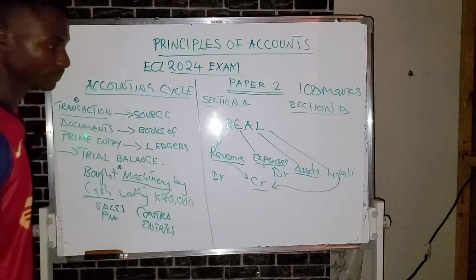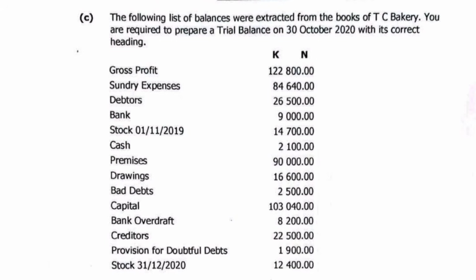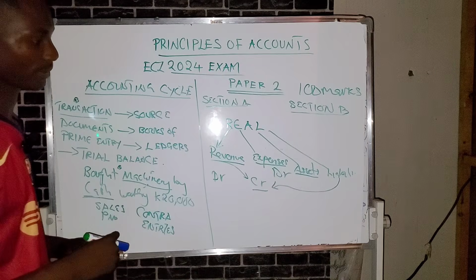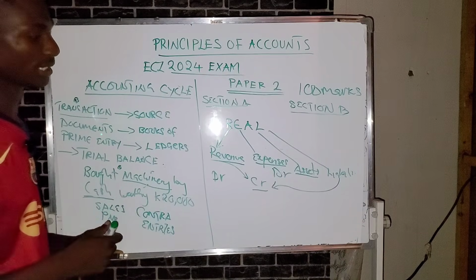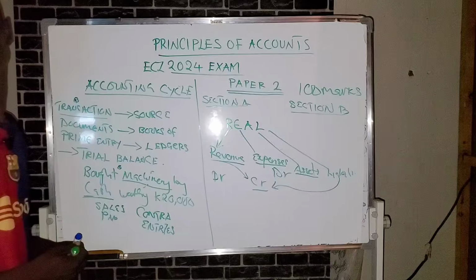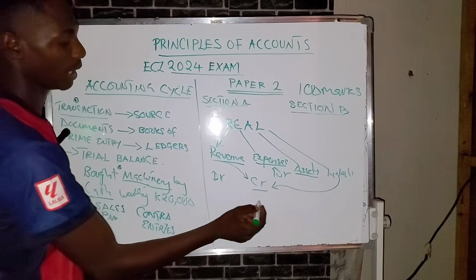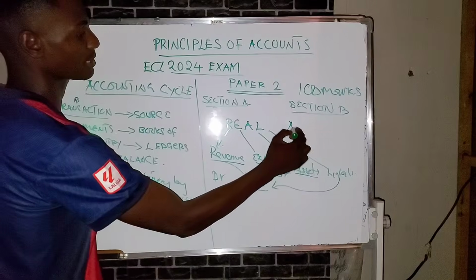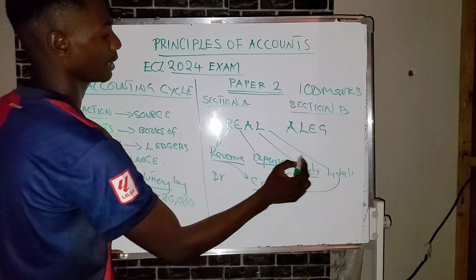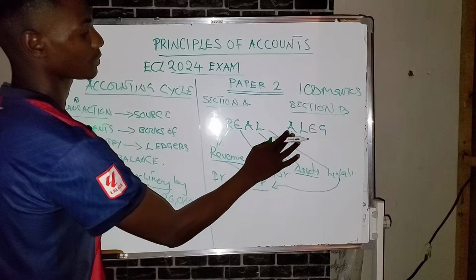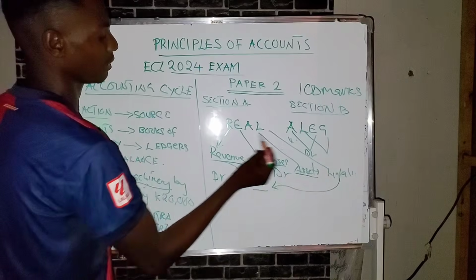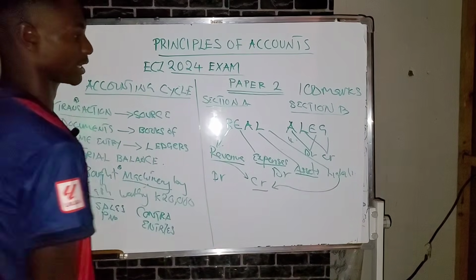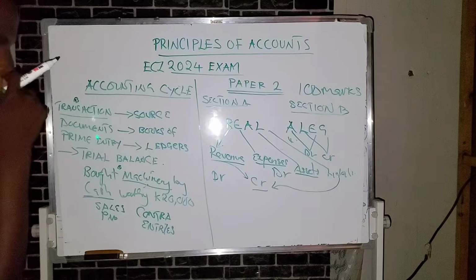Examples of expenses are bad debt, wages and salaries, motor expenses, office expenses, to mention but a few, maybe even electricity bills and water bills. So make sure you know this. It's the same as ALEG. Assets and expenses, you debit. Liabilities and gains, or income or revenue, you credit. That is the trial balance.